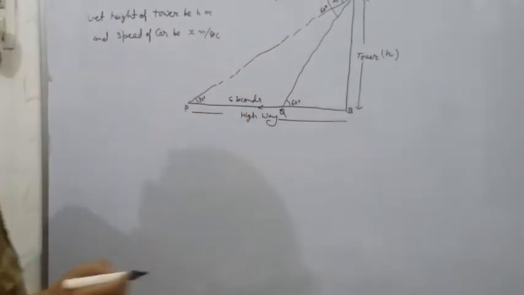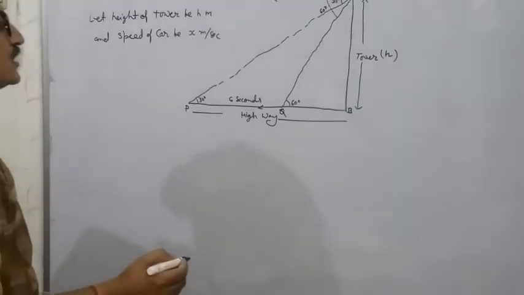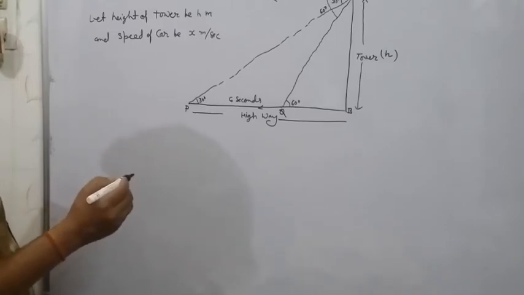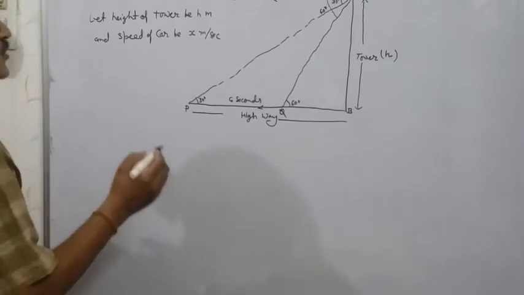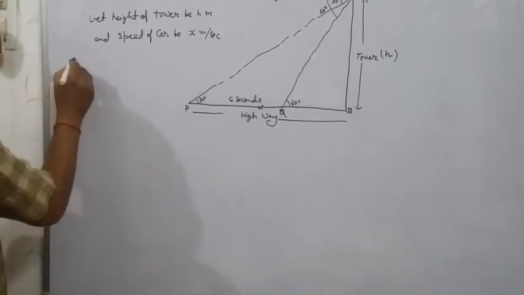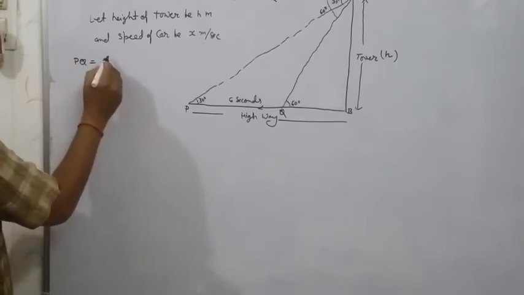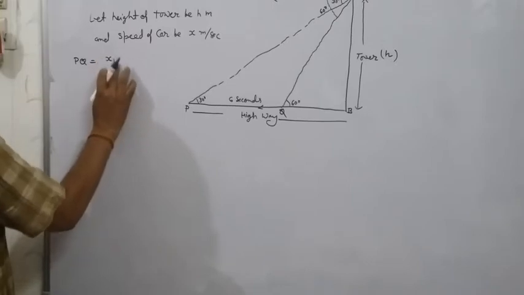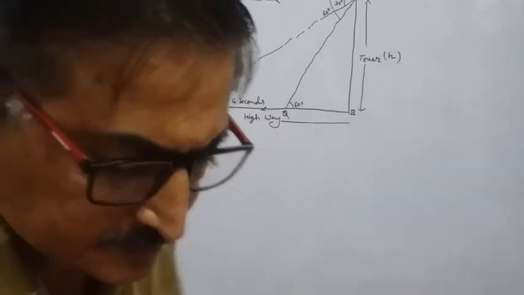You know, students, distance equals speed into time. So PQ is the distance, and distance equals speed into time. Speed is x, and the time is 6. X into 6, that will be 6x. Understand again?